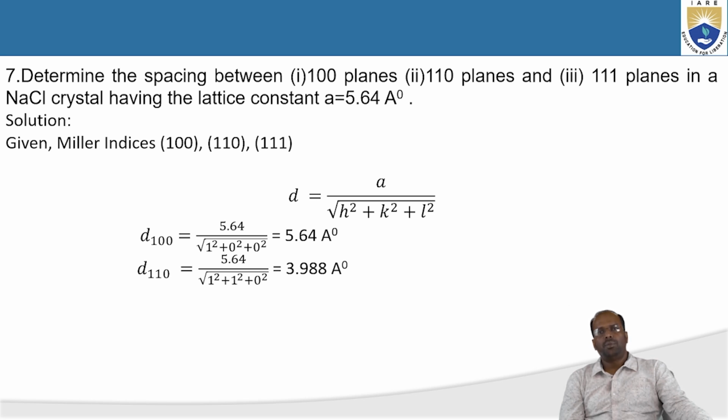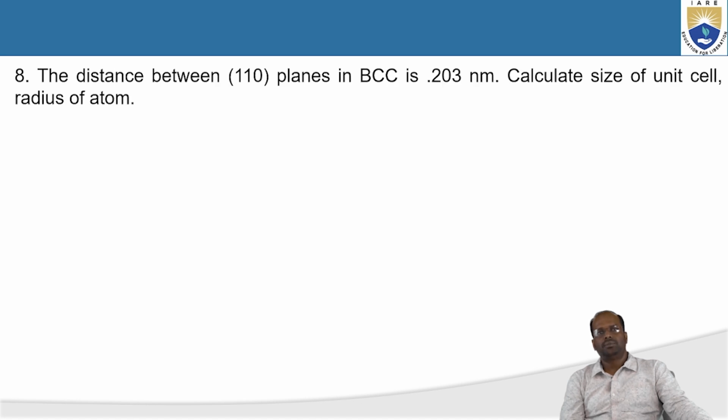Root 2 is equal to 1.414, so we get the resultant value 3.988. For the d111 plane, the lattice constant is 5.64, and for 111 planes we have root 3. So 5.64 divided by root 3 is 3.256 angstrom.